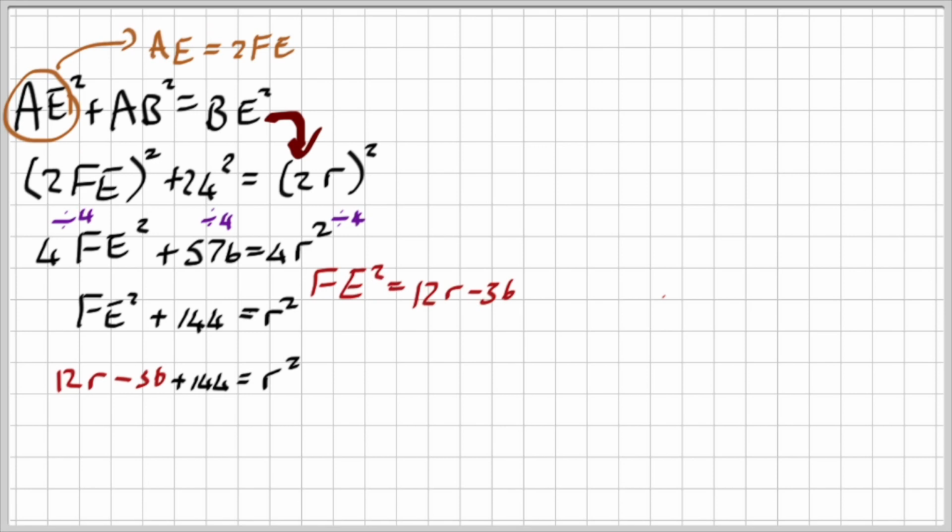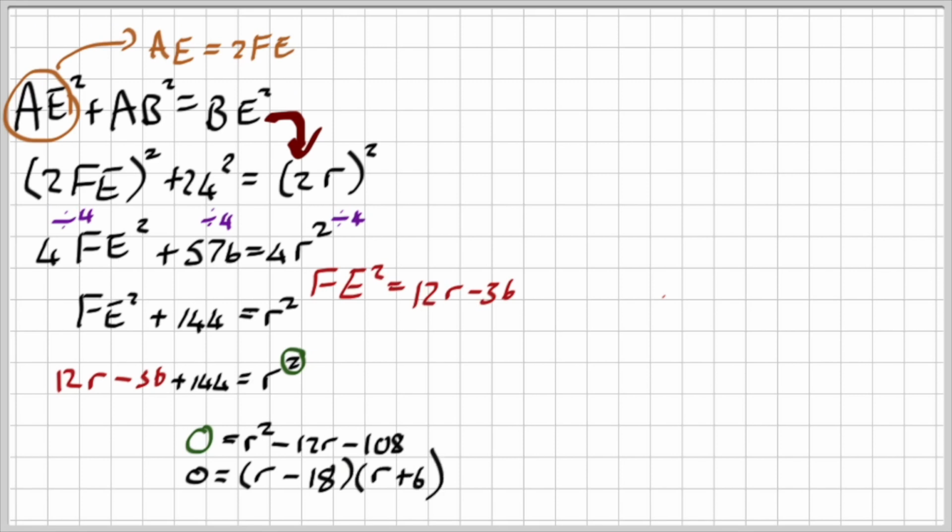Boom, I've got an equation with one variable in it. I can solve for R. So I've got a simultaneous equation which I'm going to factorize, and I've got R as being either 18 or negative 6.